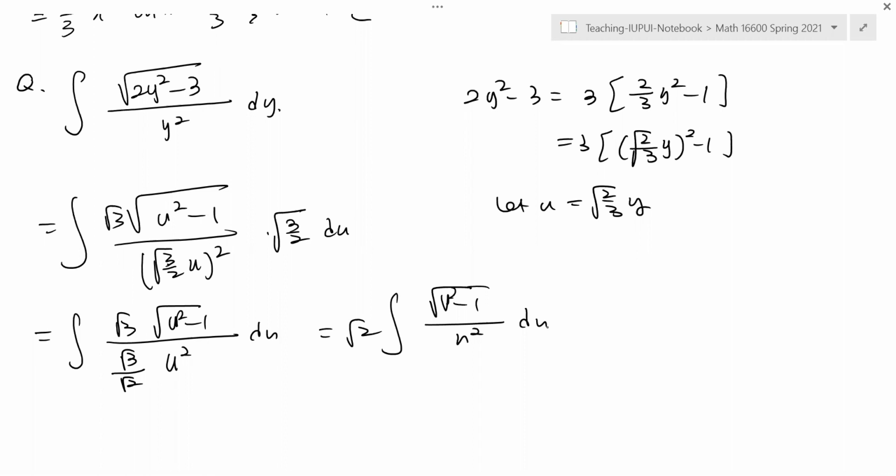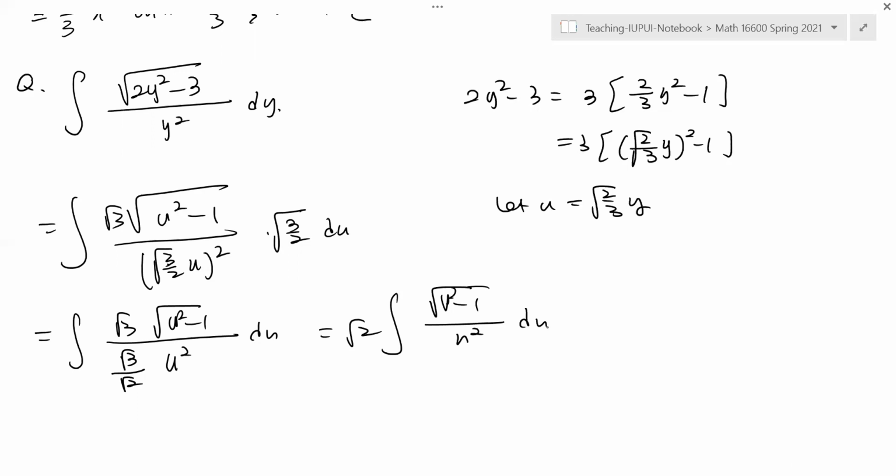Then you go to the back side of the book. I don't want to do further simplification. Where's the formula? Table, okay. Do we find the formula over here? The numerator should be a square root, and the denominator is u squared.